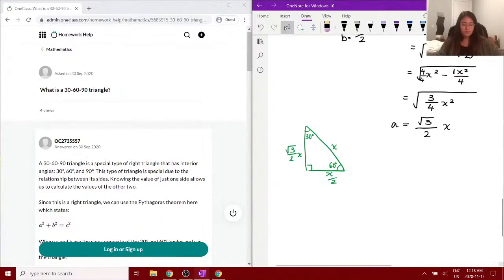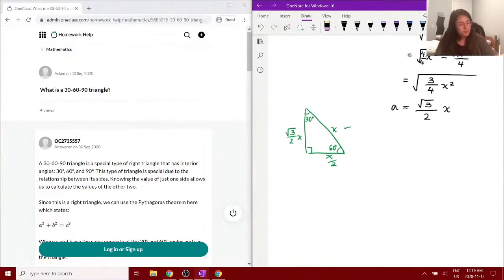So basically what that means is with this special 30, 60, 90 triangle, we can be given any one of the lengths of these sides and figure out the lengths of the other sides. Okay, so let's go through an example.